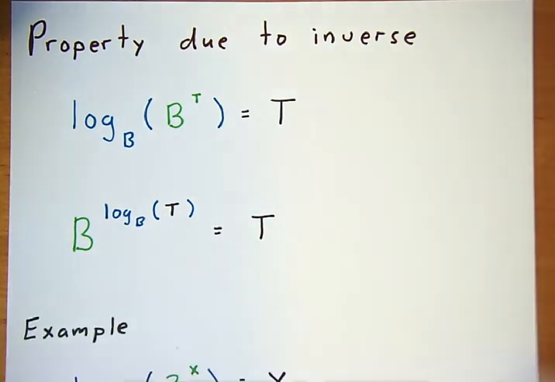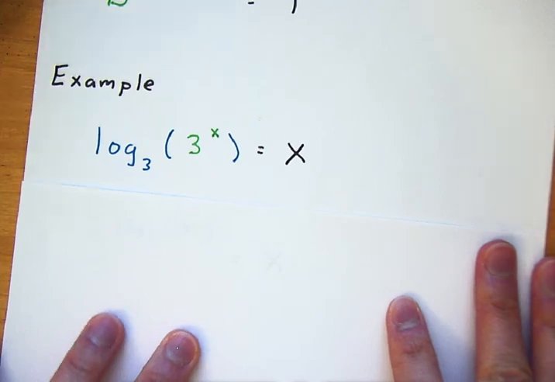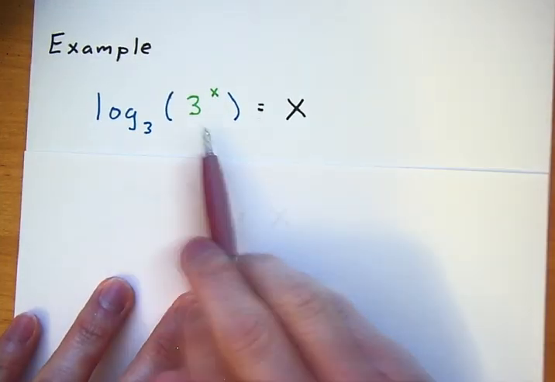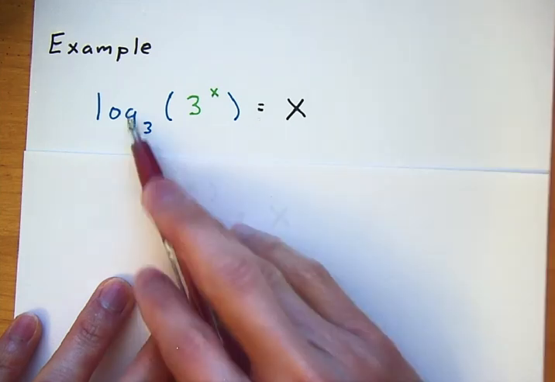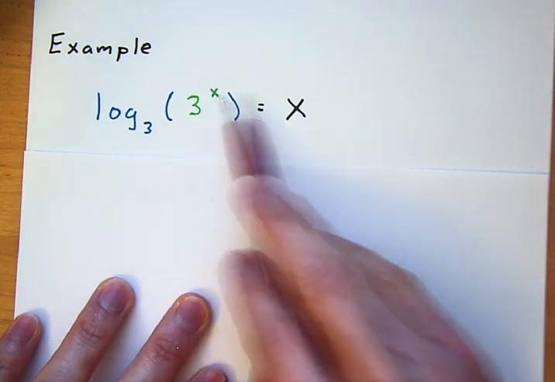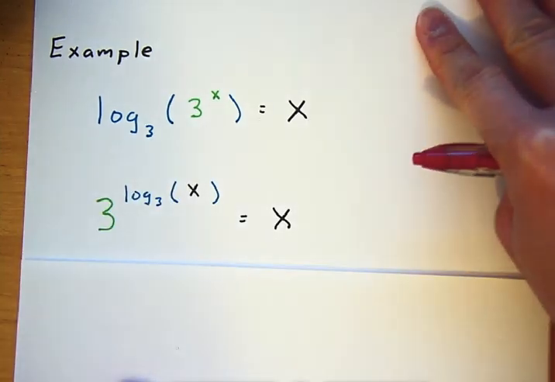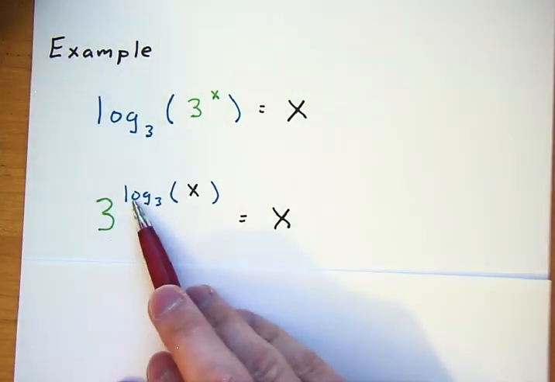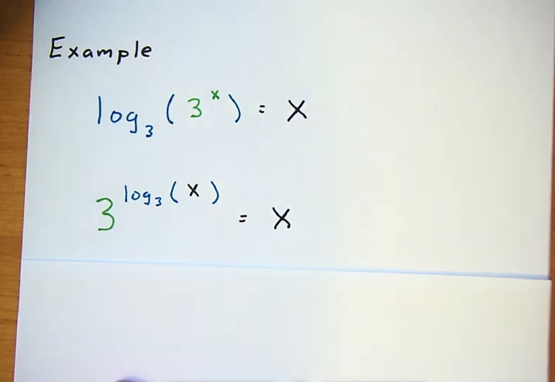Looking at the examples we first did, where we were looking at log base 3 and 3 to the x power: log base 3 of 3 to the x will equal x. On the flip side, 3 to the log base 3 of x will also equal x.